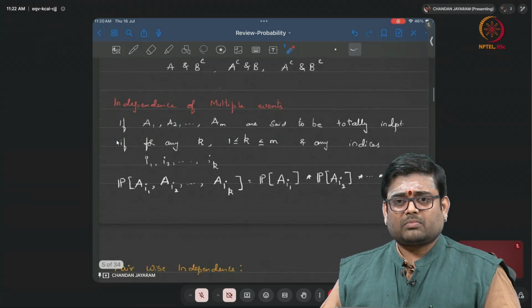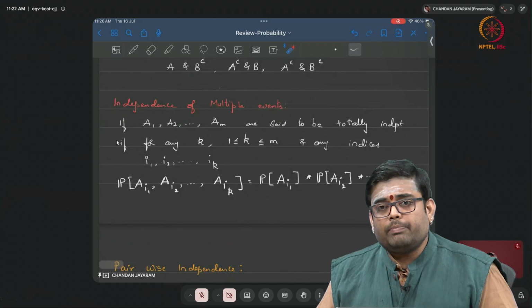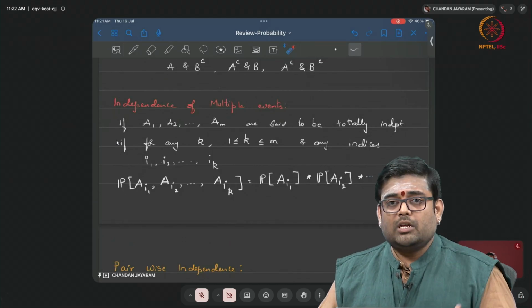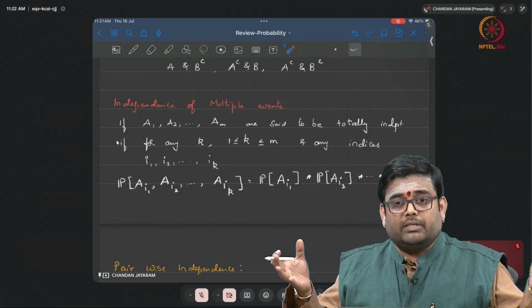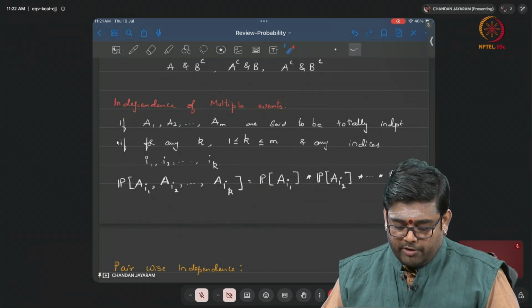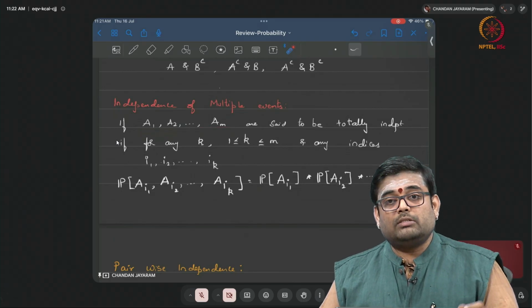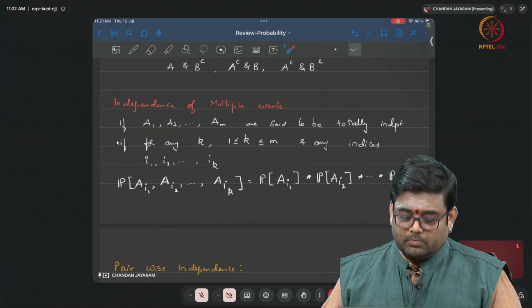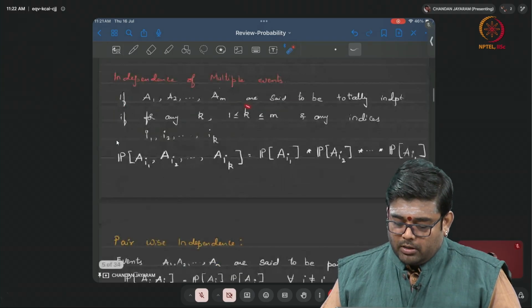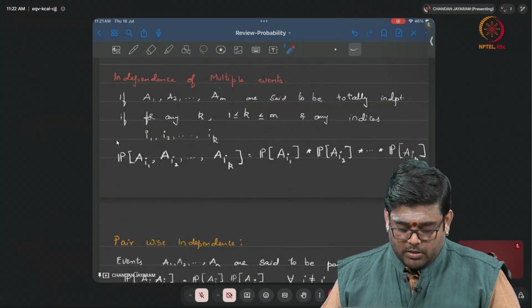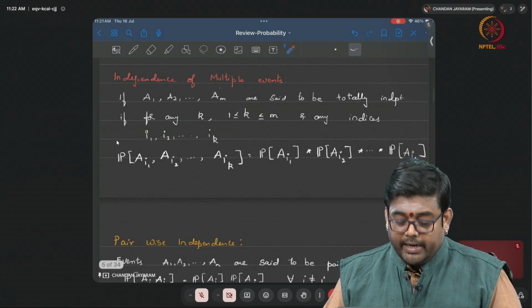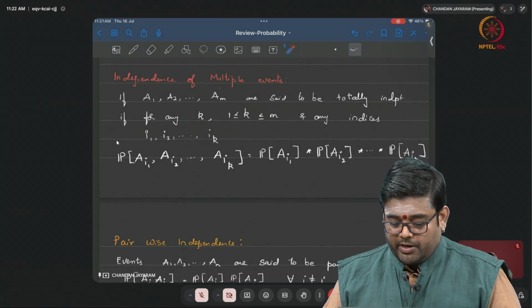Now the earlier definition we looked at was the independence of two events. Now let us look at independence of multiple events. If I have events A1, A2 till AM, we define what is known as total independence. They are said to be totally independent if you take any integer k which is between 1 and m.